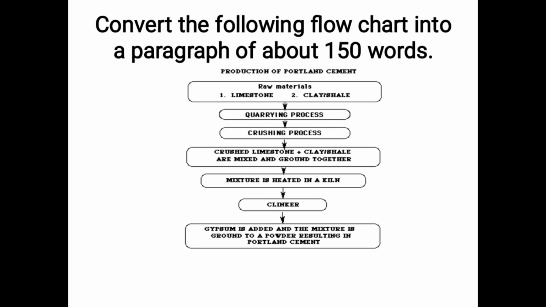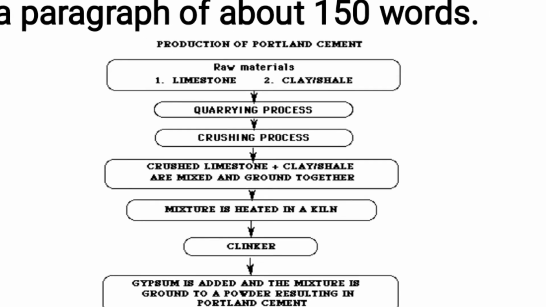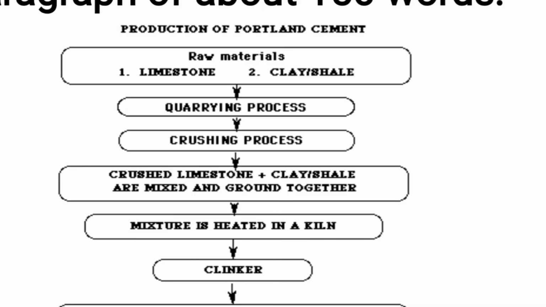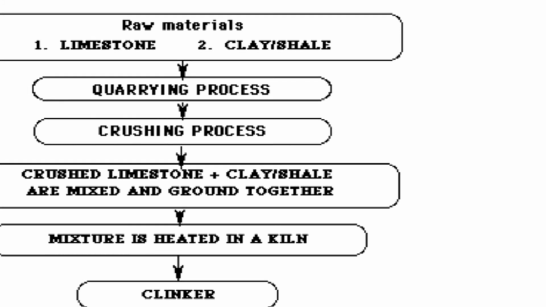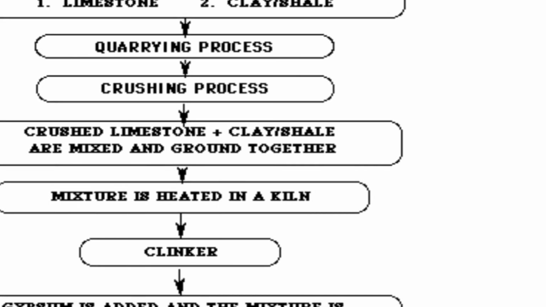Let's see, convert the following flow chart into a paragraph of about 150 words. This is about the production of Portland cement. The raw materials are limestone and clay. So what we can say, the raw materials are taken and mixed, and they are sent to the quarrying process, and they are crushed. After crushing, something is added and they are mixed and ground together.